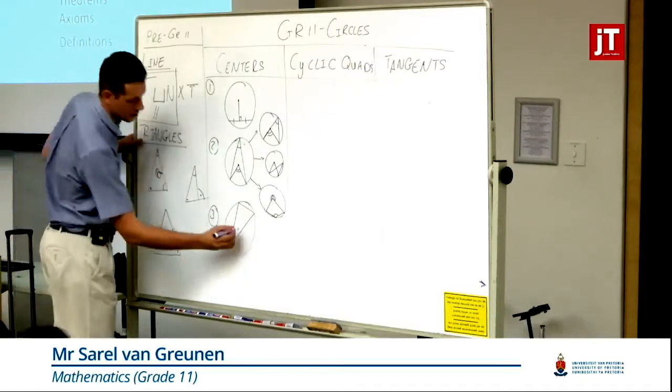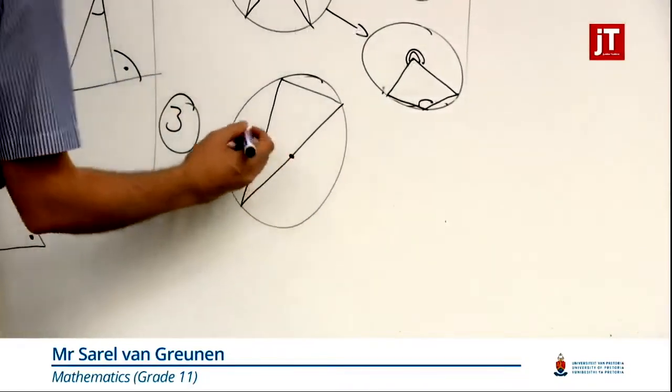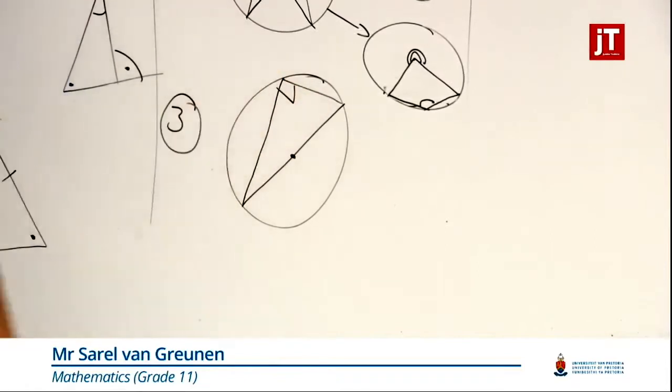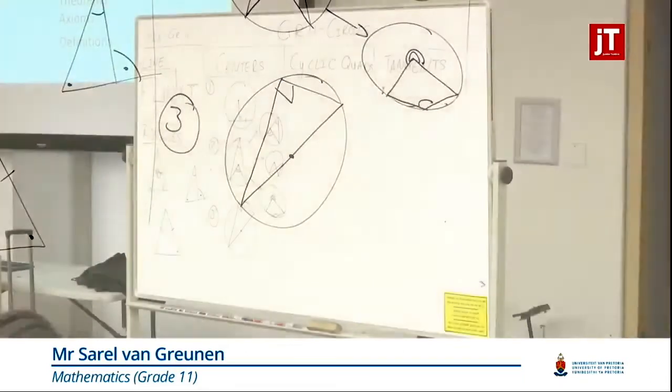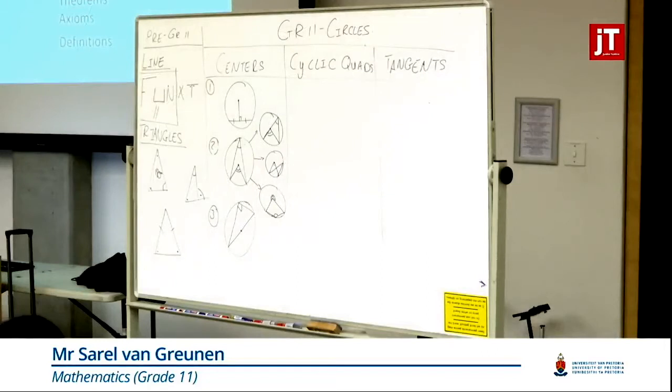If I have a diameter, the angle that subtends it must be a right angle. Okay? I want to quickly put it out there. For some of you, your teacher would not number the theorems this way. That's fine.